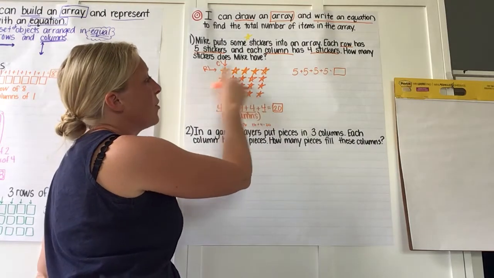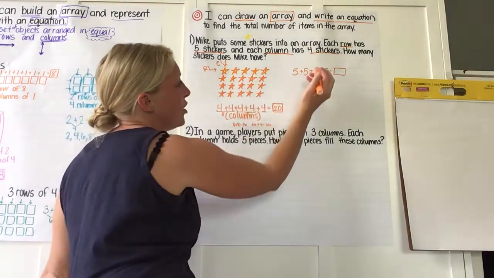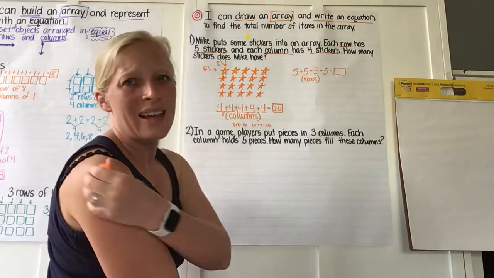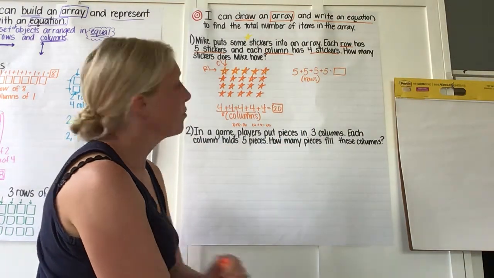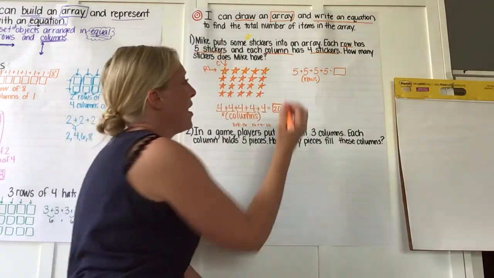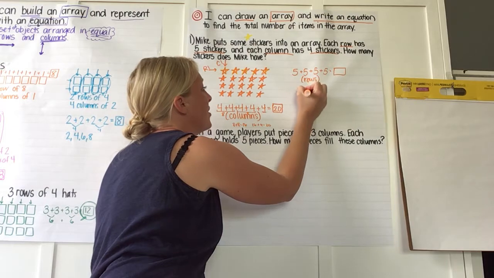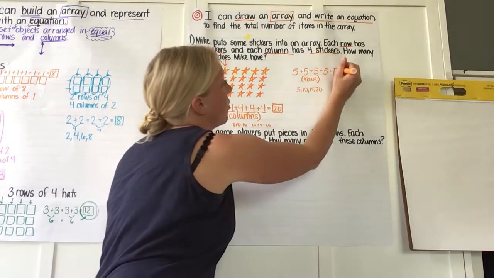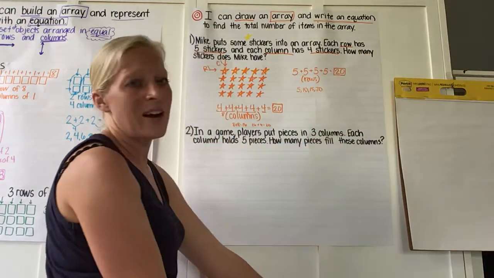You were looking at your rows, 5, 5, 5, and 5. And why did you choose your rows to add? Oh, okay. 5, 10, 15, 20. You can skip count. 5, 10, 15, 20. Anybody else skip count those? Okay. How else could you find the total?